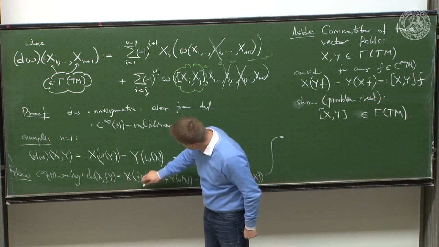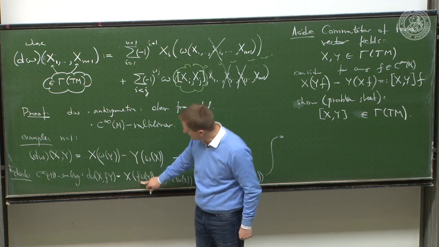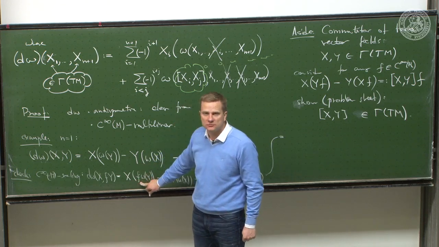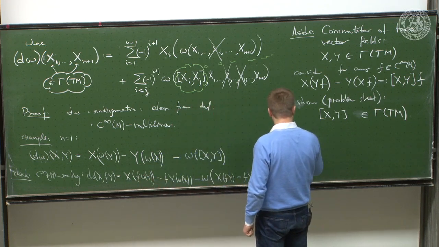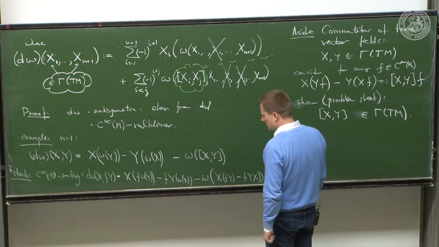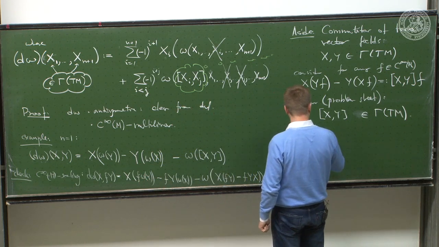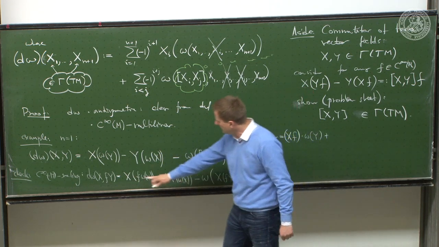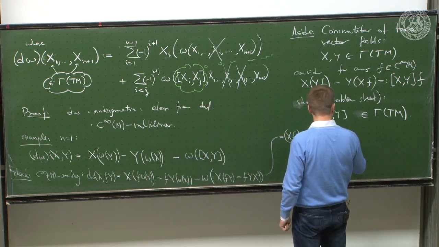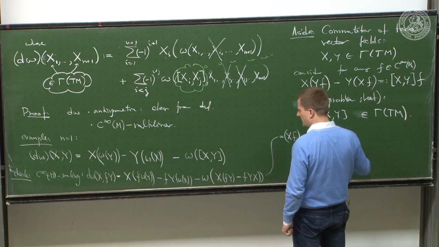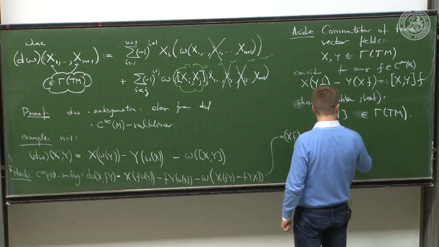It acts on this product of functions, but because it's a derivation, it acts by the product rule, by the Leibniz rule. So this is Xf times omega of Y. And there's a second term, namely it acts on the second factor, plus f X on Y, X on omega on Y.